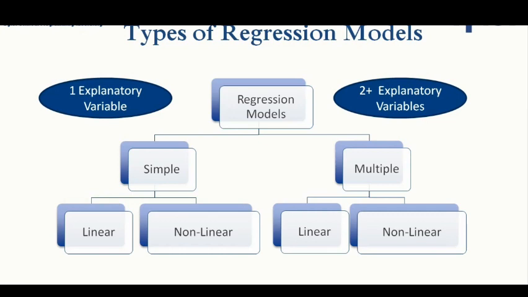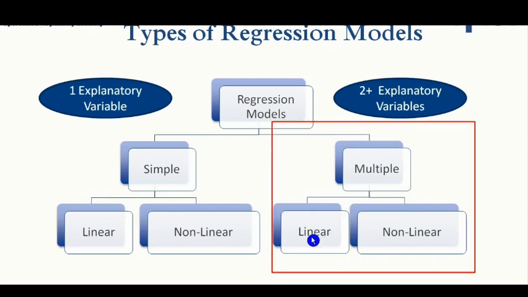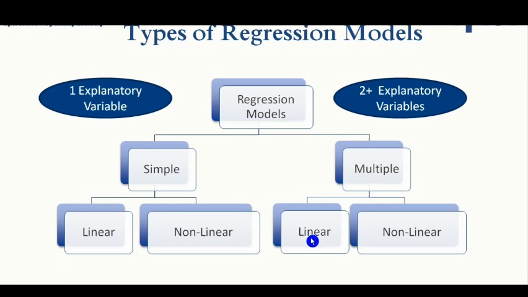So, we have seen this tree diagram in our previous regression session. That time I had said that we are considering the simple linear regression. Now we are talking about the multiple linear regression, and that too only the linear part, where there are two or more explanatory variables. Actually, there could be more than one dependent variable also.